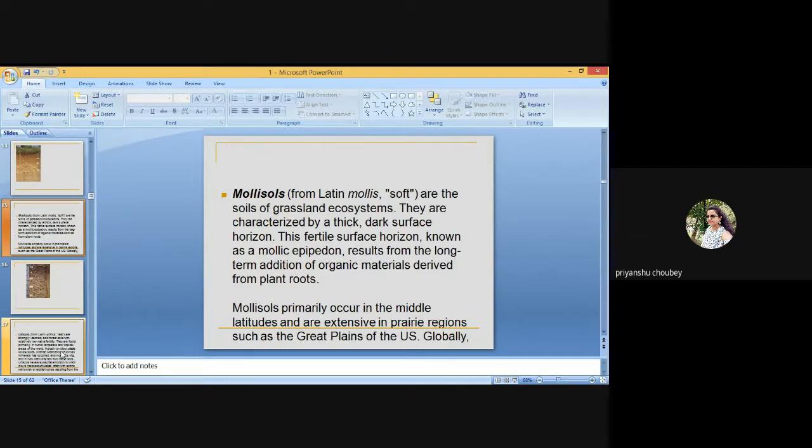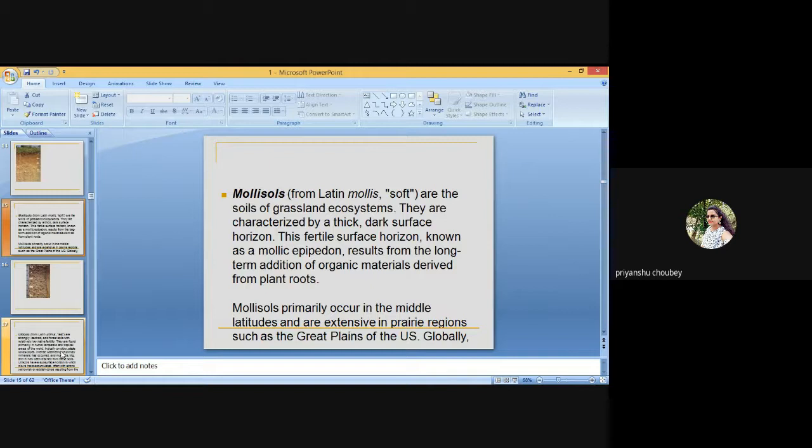Mollisols. Next one are mollisols. It's also a Latin word, mollis, meaning soft. Dark-colored, base-rich soils, more than 50% base saturated, soft, well structured, organic-matter-rich mollic epipedon developed in humid to subhumid climate under grassland or forest vegetation. In India they occur in the Tarai region of Uttarakhand and some other states. They are the soils of grassland ecosystems.